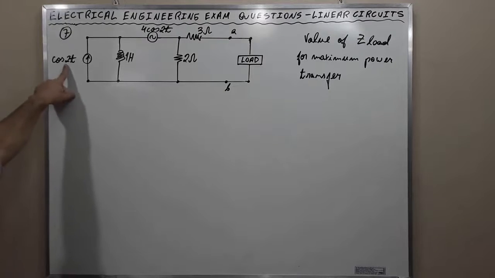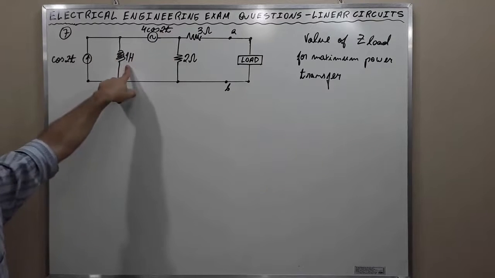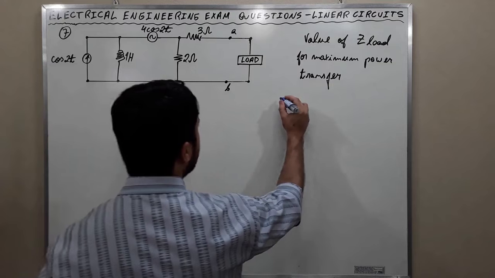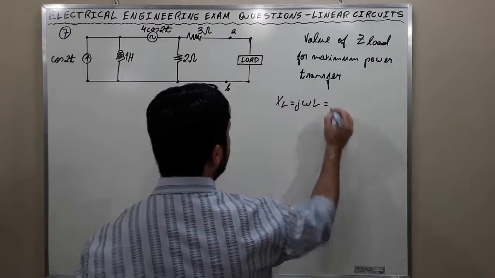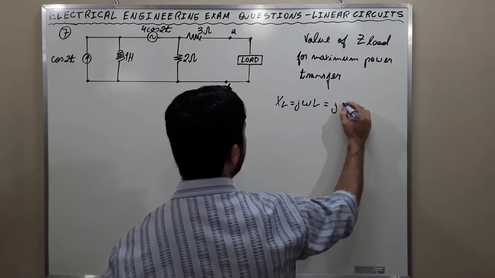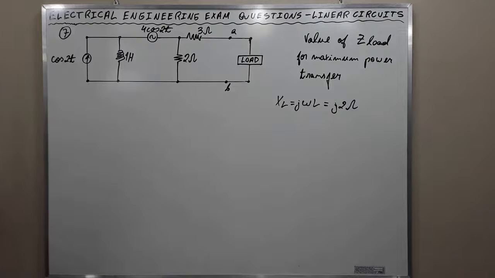And observe that they have the same frequency, 2 and 2. Therefore, the reactance here is going to be, let's calculate it. The inductive reactance is jωL, which is equal to j2. Okay? We're going to use it.